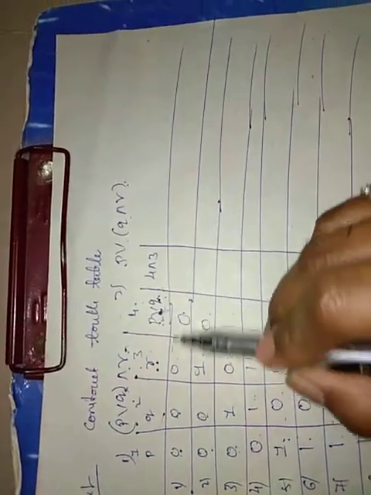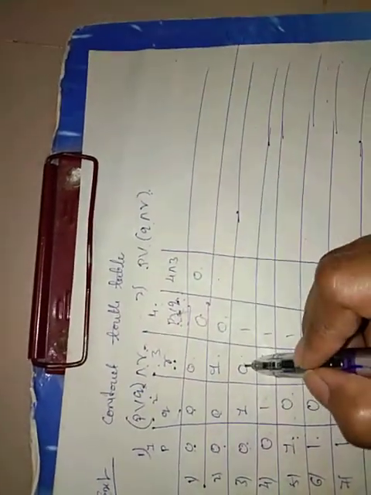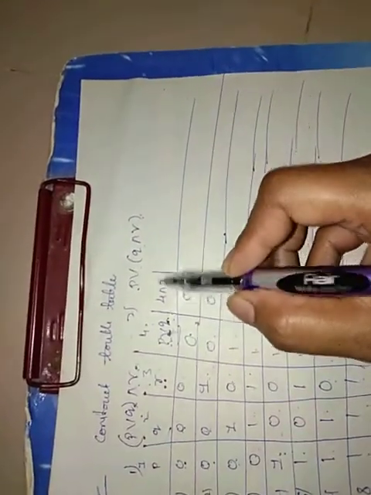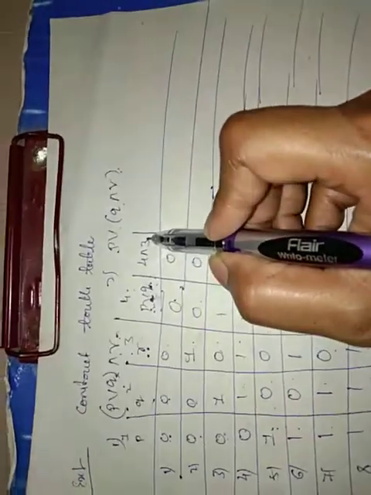So: 0 and 0, 0. 0 and 1, 0. 1 and 0, 0. 1 and 1, 1. 1 and 0, 0. 1 and 1, 1. 1 and 0, 0. 1 and 1, 1. In the AND condition, both should be true. Otherwise it is false in all other cases. That is the rule of AND.